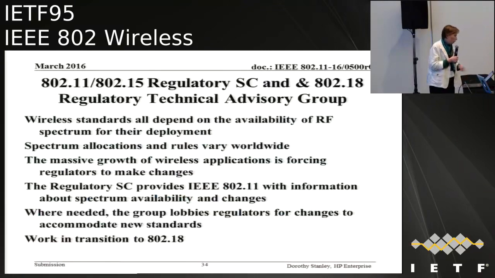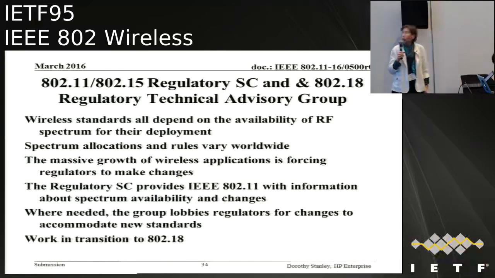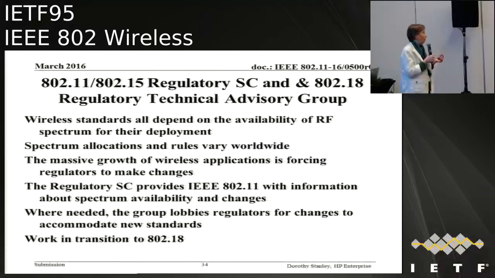And then the regulatory standing committee in 802.18. So there is today a joint .11.15 regulatory group where typically the concerns and interests of both .11 and .15 are aligned from a regulatory point of view.